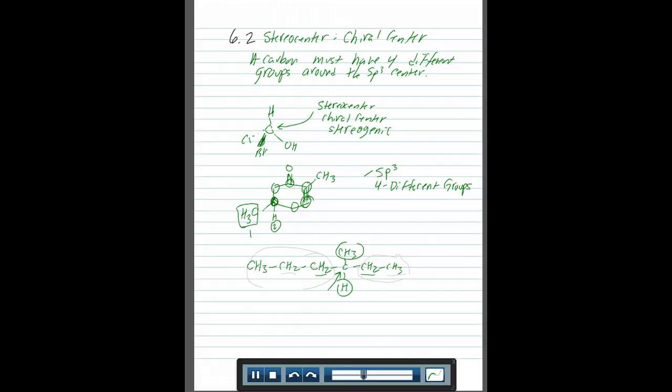Those are equivalent. But then I have a CH2, CH3. Those groups are different. Or you can just look at the whole group if you wanted to. This is 2 carbons, this is 3 carbons. These are different groups. So that's how you can determine if a carbon is going to be chiral. Look to see if it has 4 different groups.